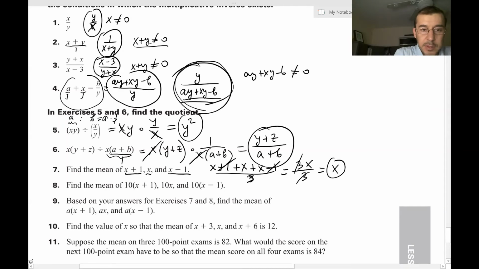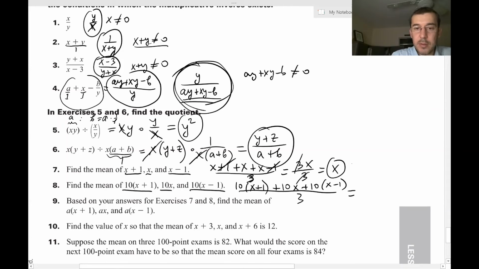Number 8, find the mean of 10 times x plus 1, plus 10x, plus 10 times x minus 1. 1, 2, 3 numbers over 3. So 10 times x is 10x.